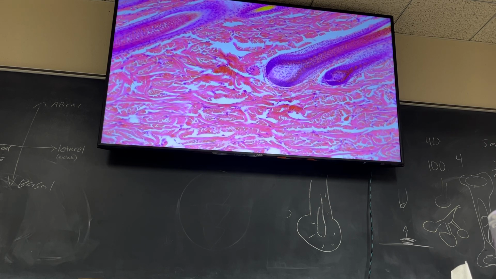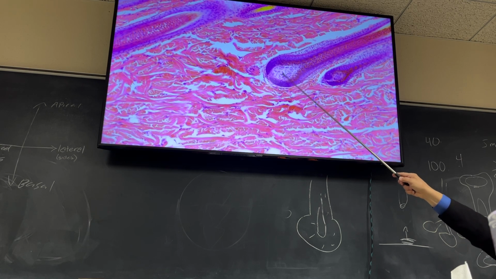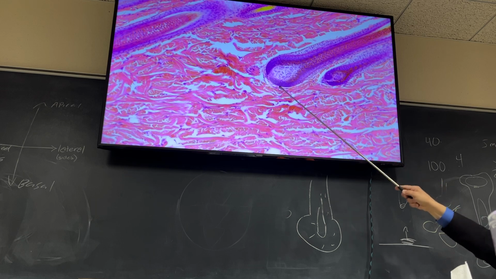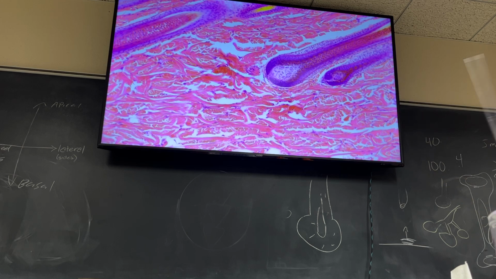So on this one, it says the bulb and the papillae of the hair follicle. The bulb is not part of the hair. The hair follicle is this, the papillae, right? So it's slightly confusing terminology because papillae is in both of them in one way or another.